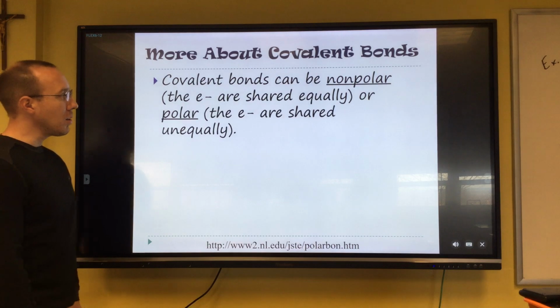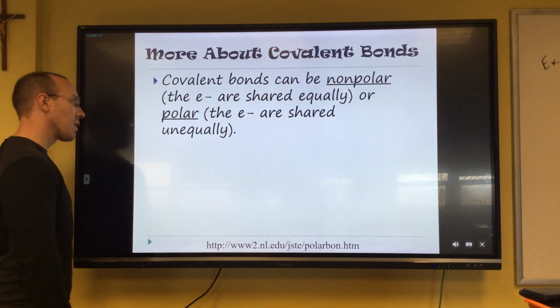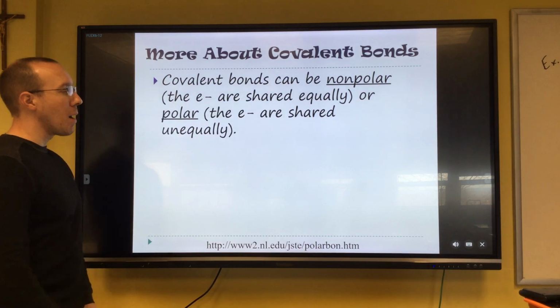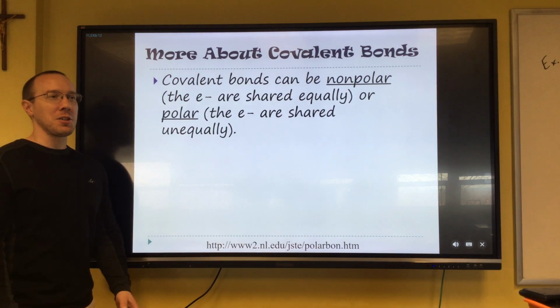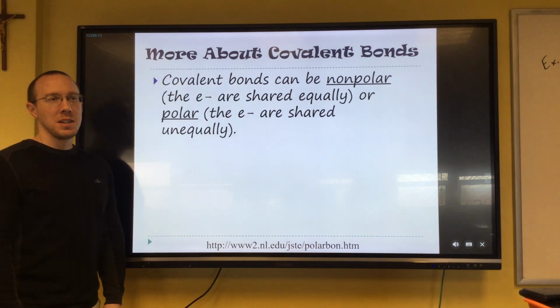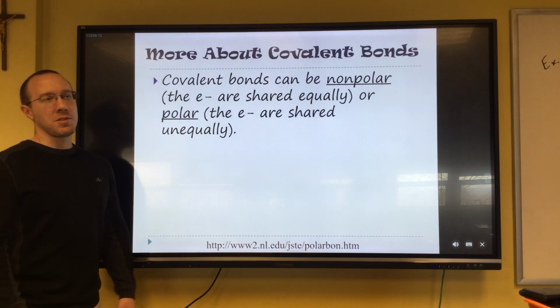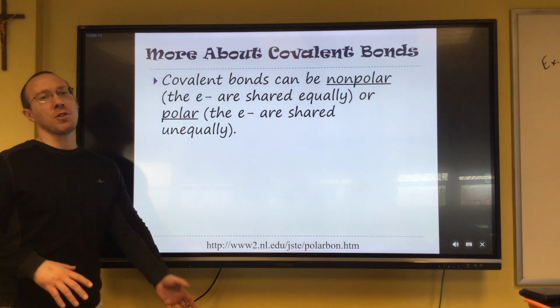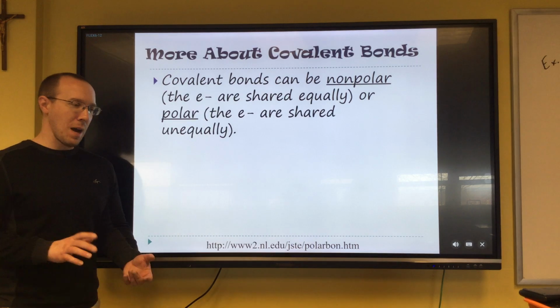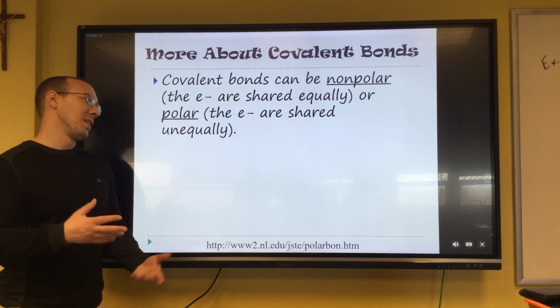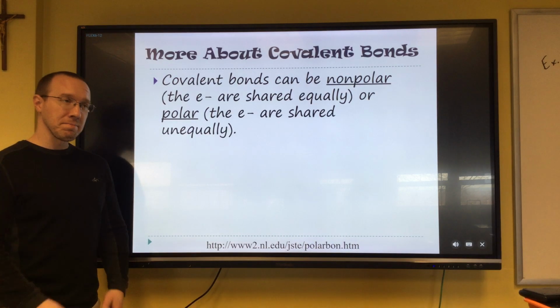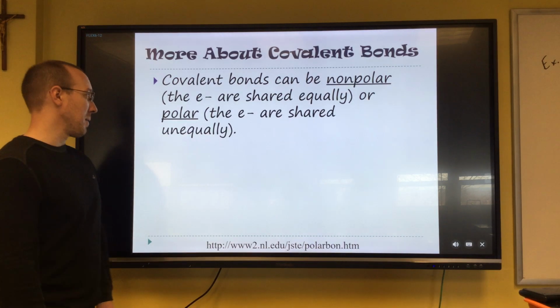They can be polar or non-polar. Sometimes it's like a tug of war. You're both touching the rope, but one side's winning. The stronger side has the electron more often, so it becomes slightly negative on that side, and the other side slightly positive. For what we're doing here, we'll just worry about drawing them, okay?